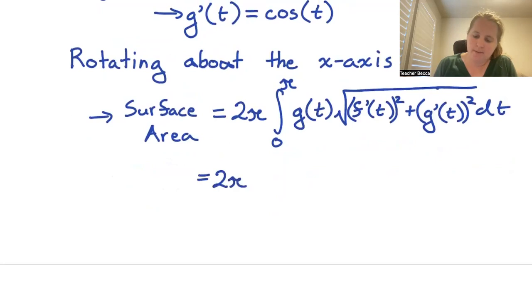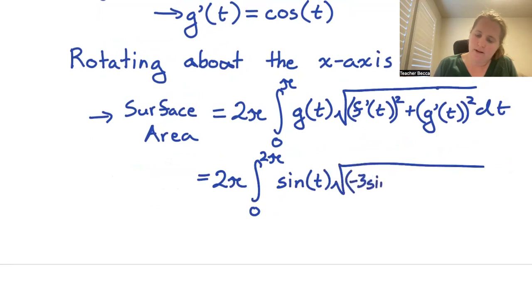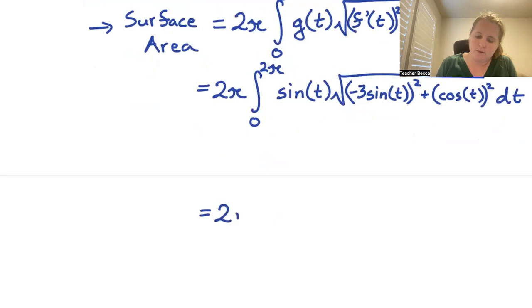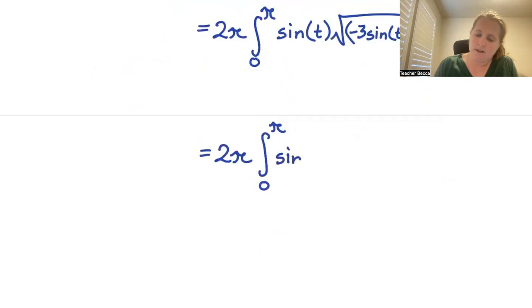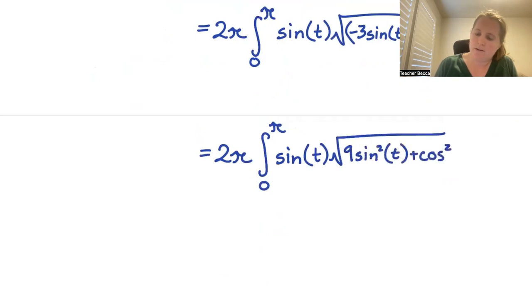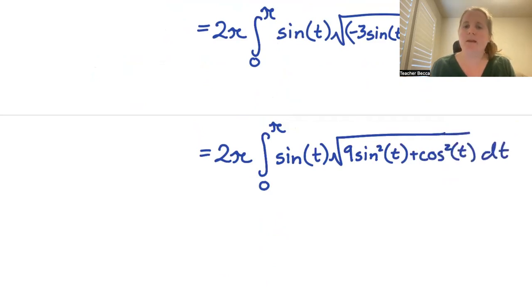Plugging in, surface area is equal to 2 pi times the definite integral from 0 to pi, not 2 pi, of sine of t times the square root of 9 sine squared of t plus cosine squared of t dt.